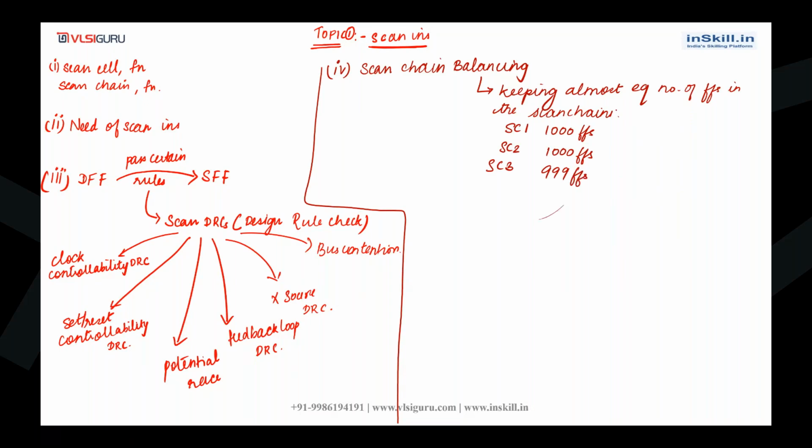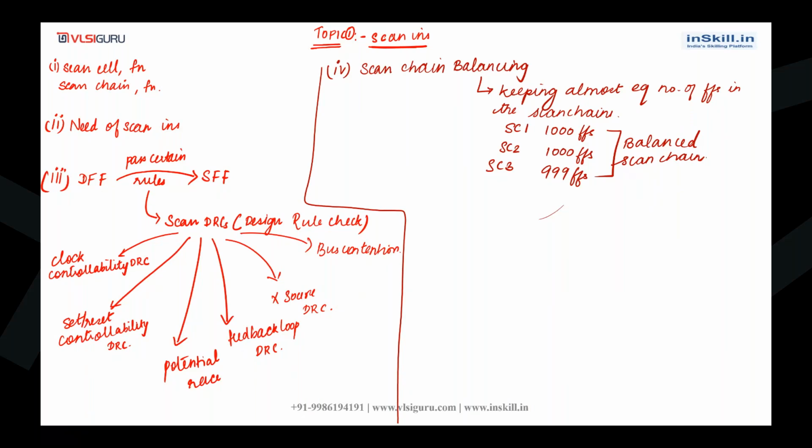Then you're having almost equal number of flops in the scan chains. So these are what are called balanced scan chains.